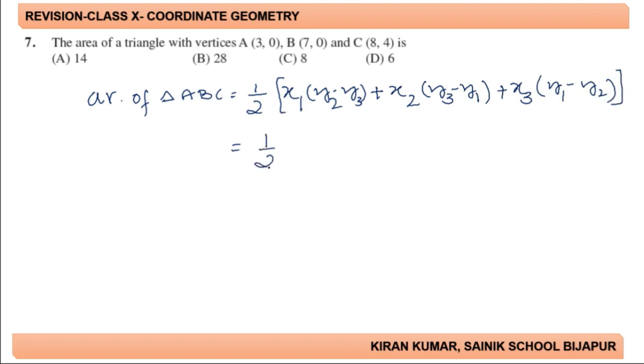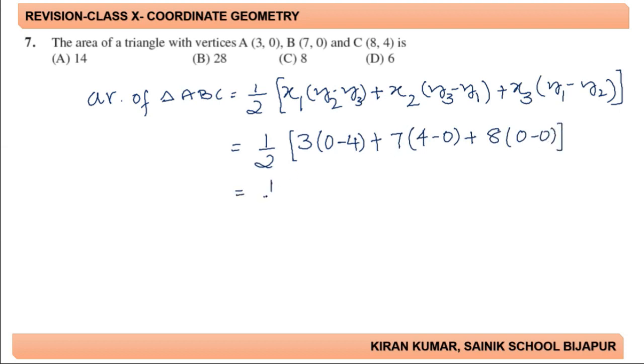It is half multiplied by x1 which is 3, y2 is 0, y3 is 4, plus 7, 4 and 0, plus 8, 0 and 0.